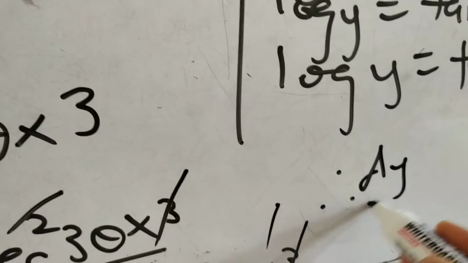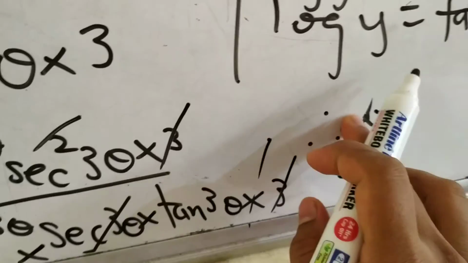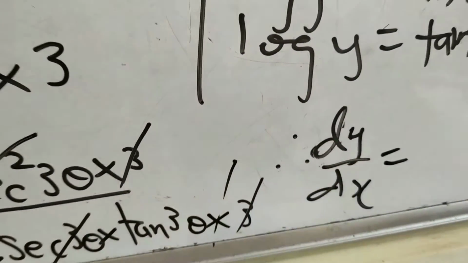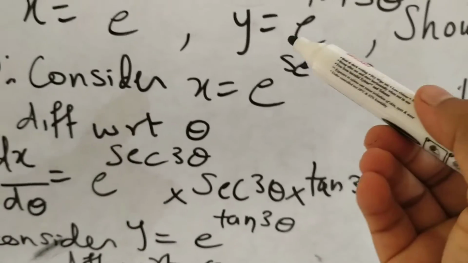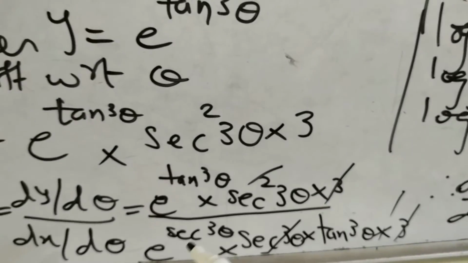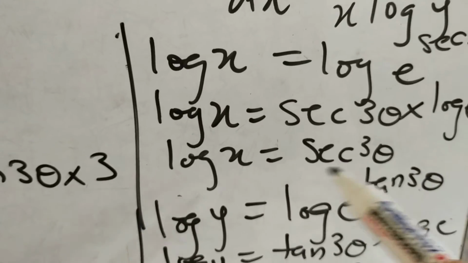Therefore dy by dx is this e raised to tan 3 theta, which I am replacing by y, and sec 3 theta is nothing but log x.